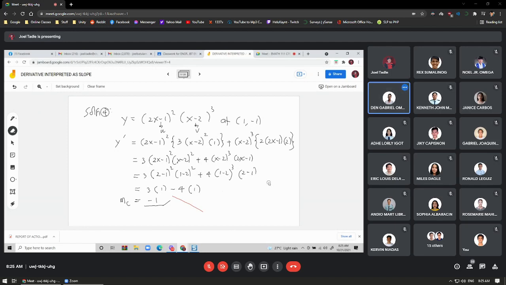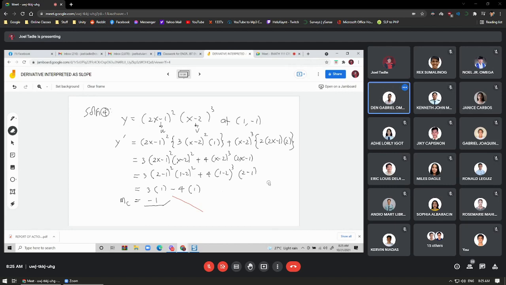So the derivative of u is bring down 2, which is the exponent. 2 minus 1 is 1, so 1 remains as the exponent of 2x minus 1. Then 2 comes from the derivative of 2x minus 1, where the derivative of 2x is 2 and the derivative of 1 is 0. So 2 is what remains.